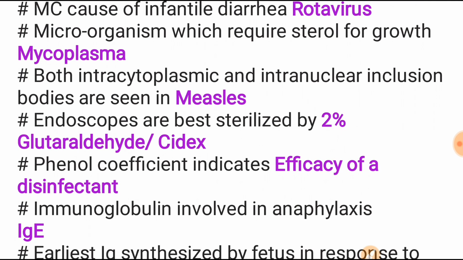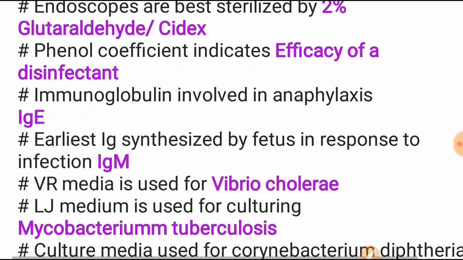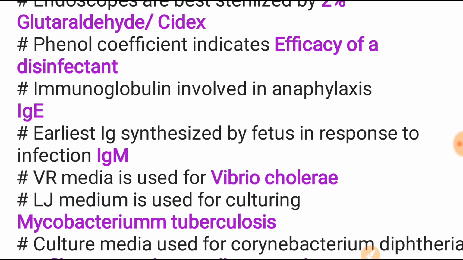Phenol coefficient indicates the efficacy of a disinfectant. The immunoglobulin involved in anaphylaxis is IgE. The earliest immunoglobulin synthesized by the fetus in response to infection is IgM.